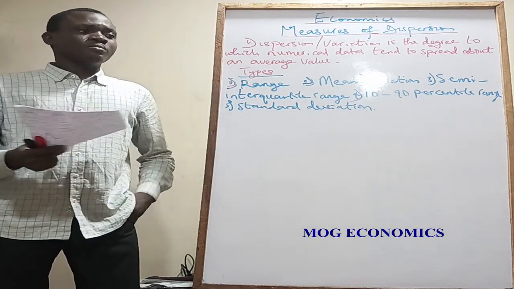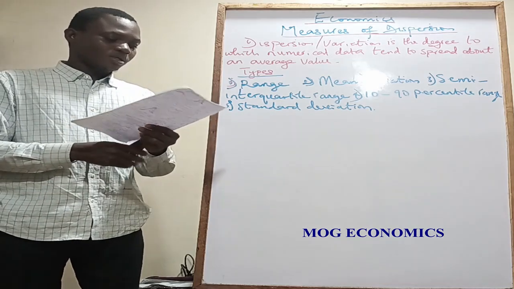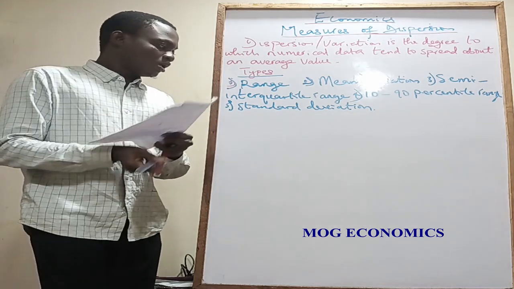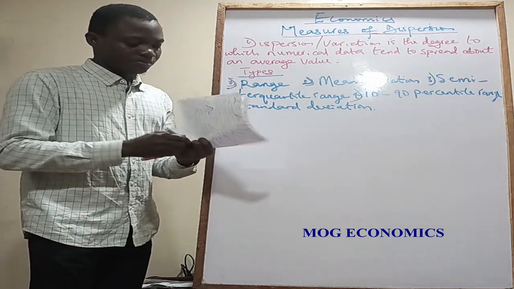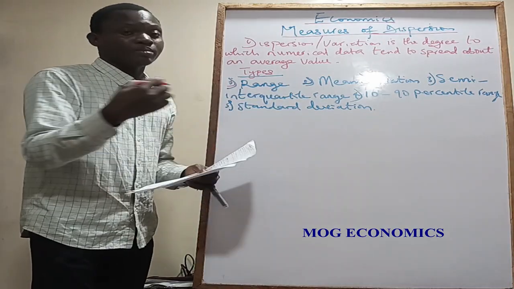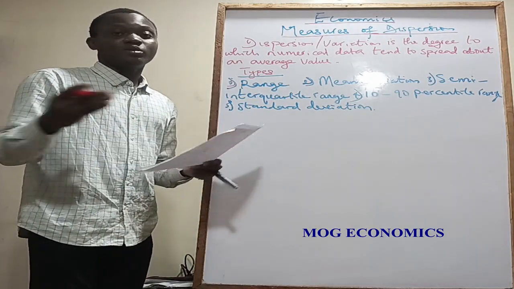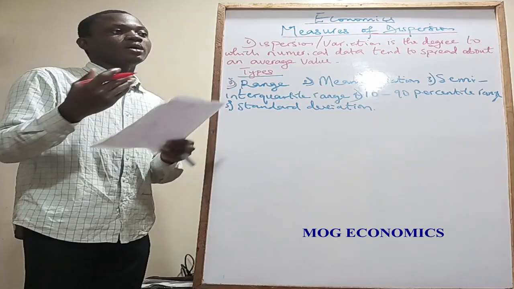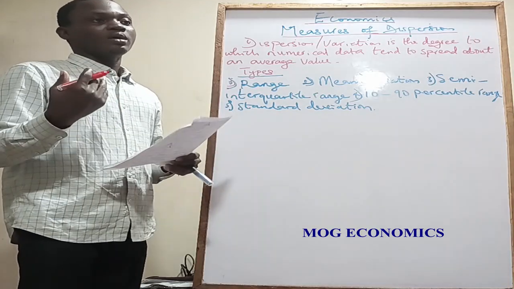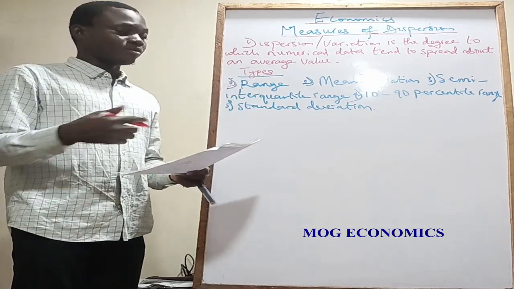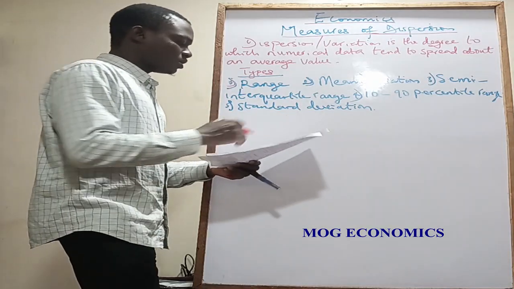If you have this set of data, the first one is talking about the amount of money made by two sets of students from working during the weekend. The amount is in dollars.